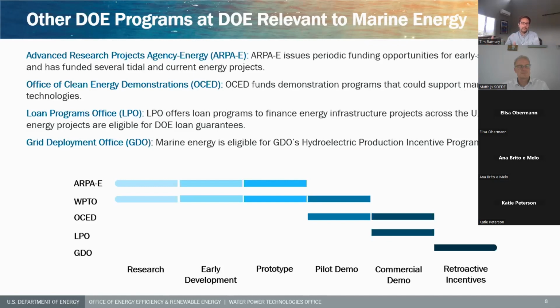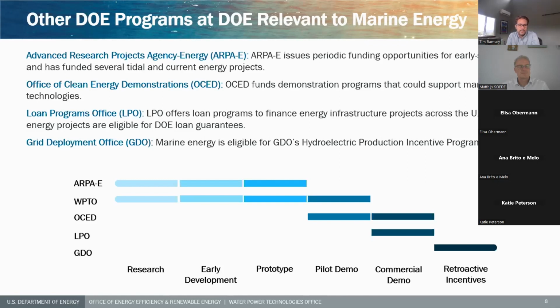But from there, ideally, that's where OCED would come in, and they really pick up and get over that valley of death and get projects from the pilot scale through to commercial demos, picking up those large scale, large dollar projects and really proving out the technology at large commercial scale. But it doesn't end there. LPO and GDO, they come in and they help to buy down that investment risk.